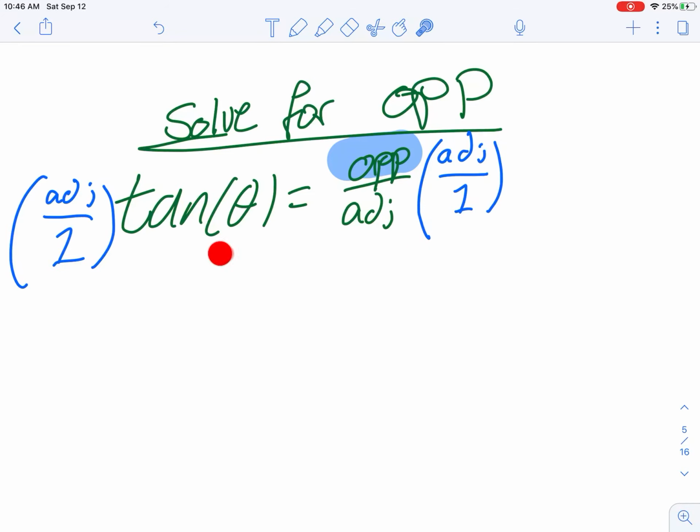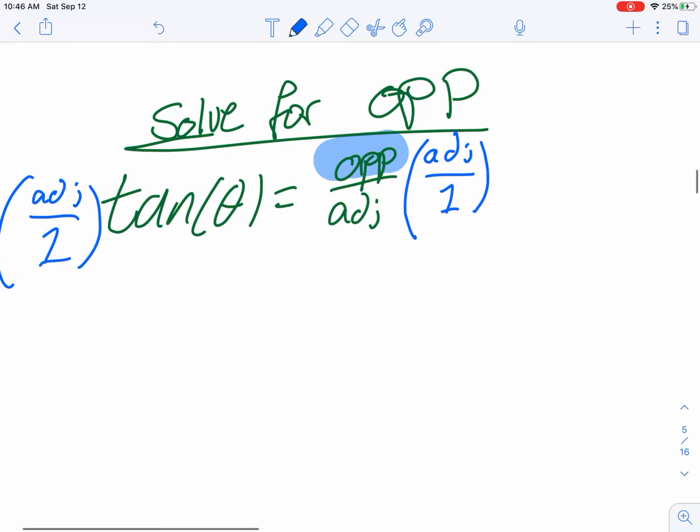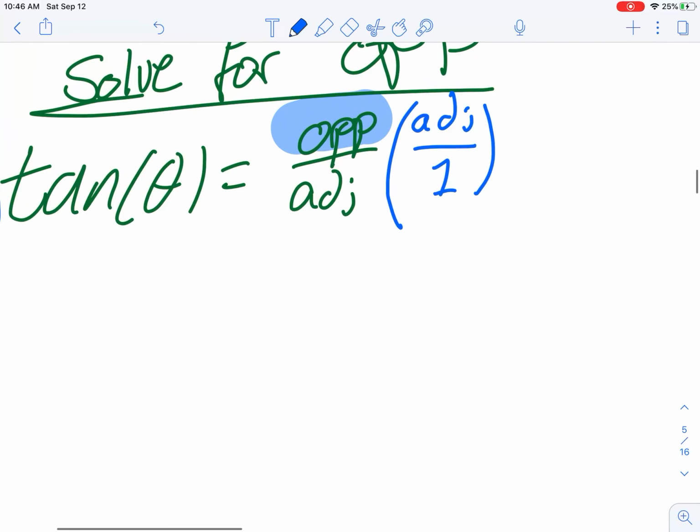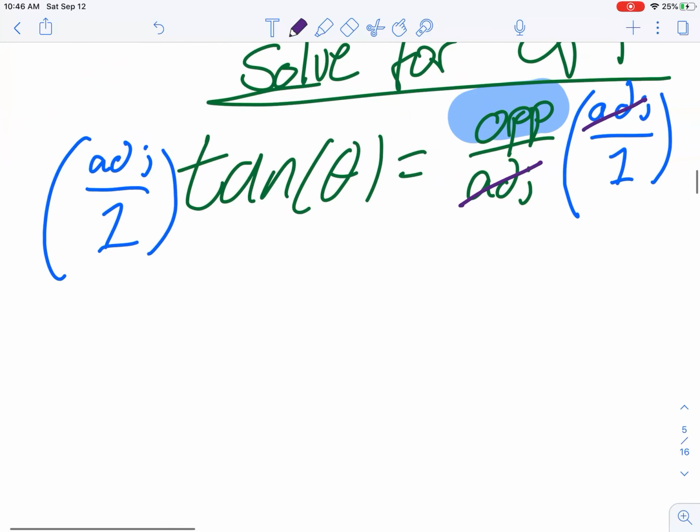And remember, what you do to one side, you got to do to the other. So in this case, what are we going to do? Why did we do that? We did that because now you have this adjacent dividing this adjacent, okay? And that's super important because adjacent divided by adjacent cancels out.